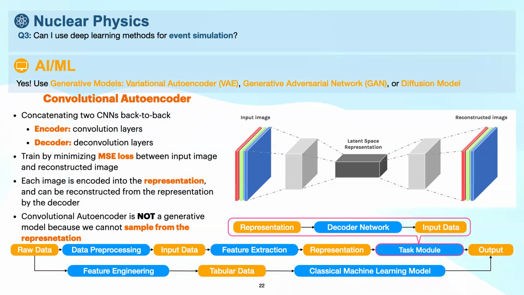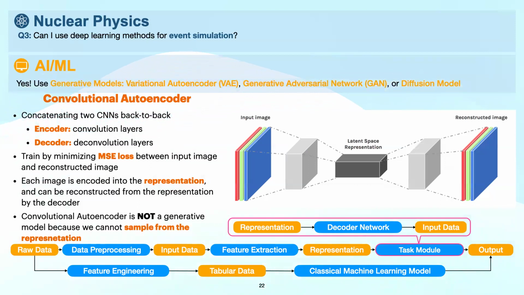But unfortunately, a convolutional autoencoder is not a generative model. The main reason is that you cannot sample from the latent representation space. The representation can be considered a single fixed point, basically encoded from the input image. If you deviate from it a little bit, then the output reconstructed image will make no sense.